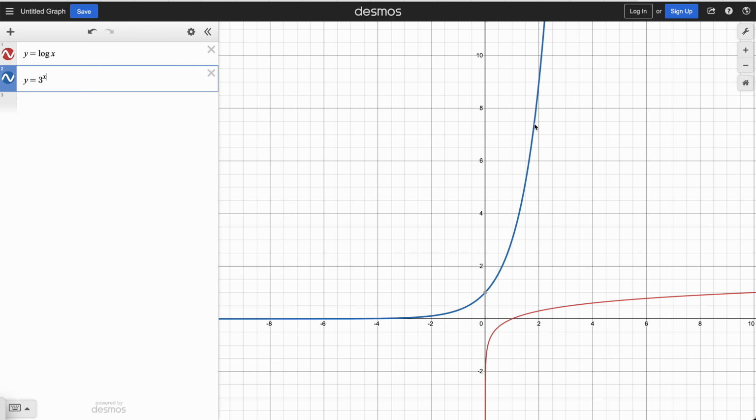Look at how these are related. The blue line, it looks like I literally reflected it to find the red line. And if you look, it crosses at 1 in blue, and it crosses at 1 in red. And so that's going to predict some of the changes that we're going to see.